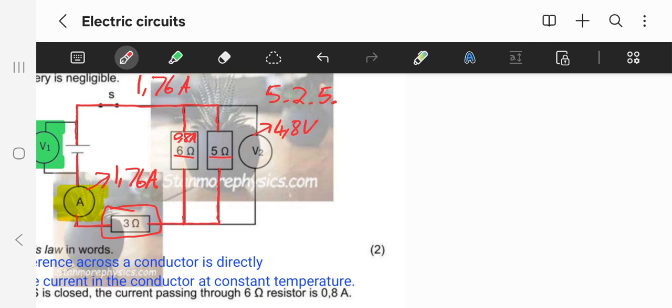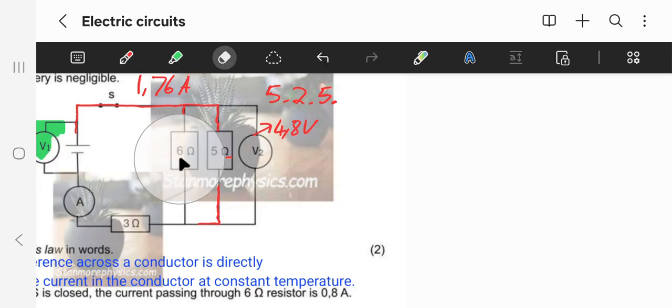So the second way, guys, will be as follows. Let me remove some of this stuff here because it looks a mess. Remember, we are looking for the reading on V1, and the second way to find that V1 is to actually find our total voltage.